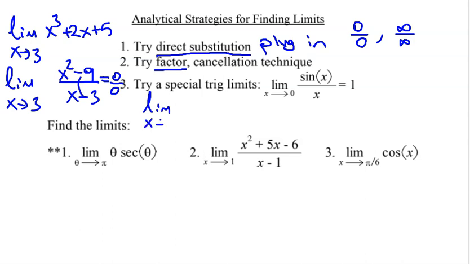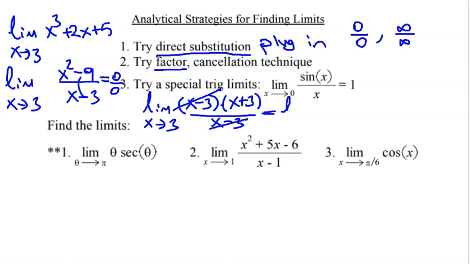Limit as x approaches 3. This x squared minus 9 is a difference of squares and can be factored into x minus 3 times x plus 3, over x minus 3 in the denominator. The x minus 3 factors are going to be gone because that's the common factor.